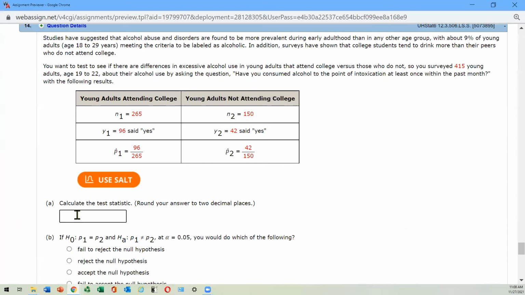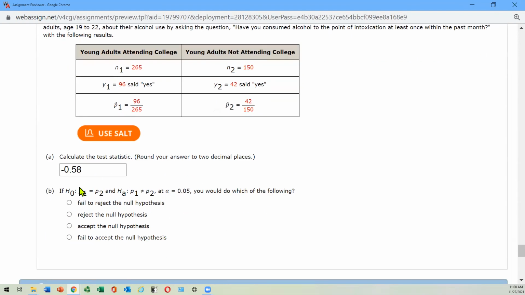So it's that number. The two decimal places is that number. Now, if the null is that they're equal and the alternate is that they're different, okay. Now, since they are different, I'm going to change my result just a little bit.